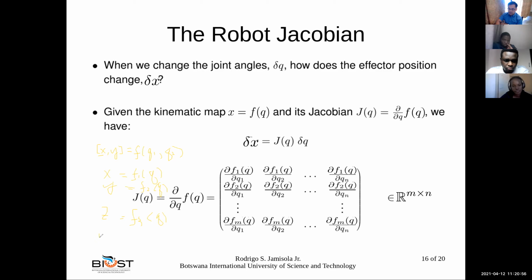But normally people don't use that. We use the matrix computation. But just for discussion, roll, pitch, and yaw will be the last three variables.